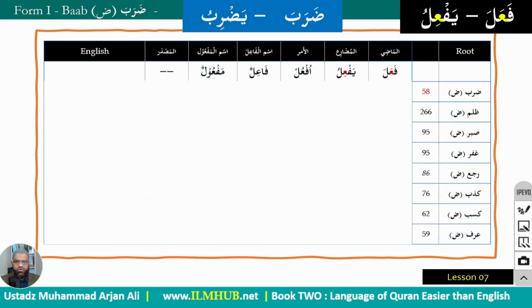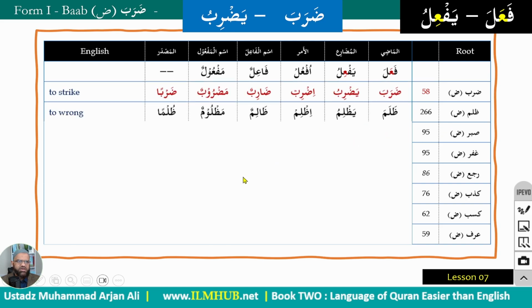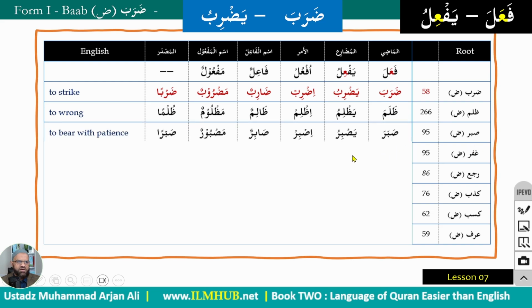So let's quickly go through some patterns on the scale of daraba yadribu, which is fa'ala yaf'ilu, dad for short, which you can see here. And you can see I've put an example here. As long as you can remember daraba yadribu, then you can remember that it will be on the scale of fa'ala yaf'ilu. So the first one we've already done. Daraba yadribu. Then we have zalama, zalama yadlimu. And then we have sad, ba, ra.